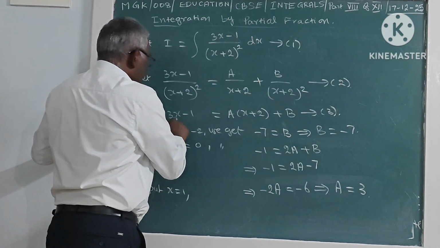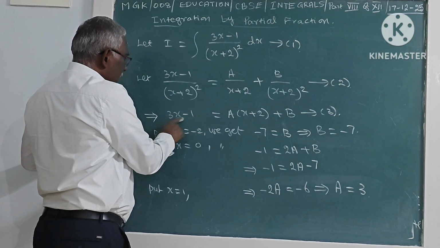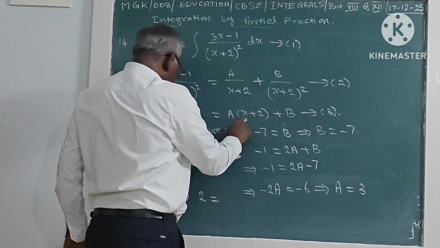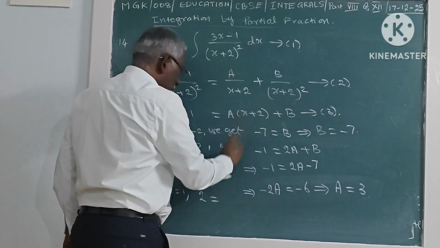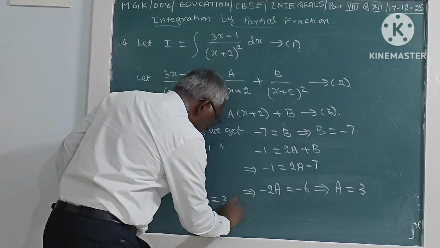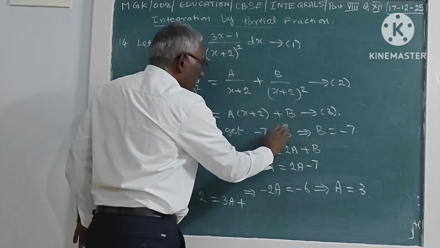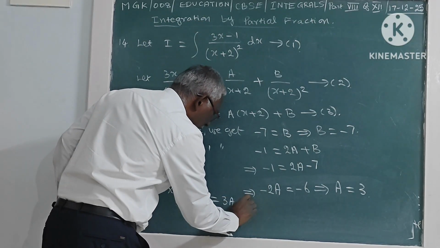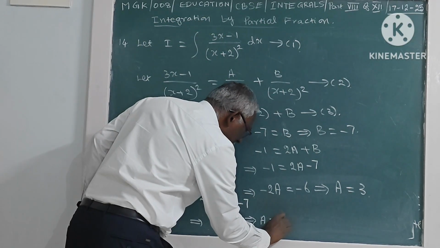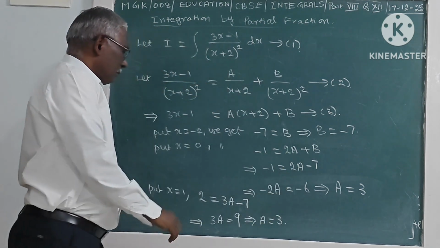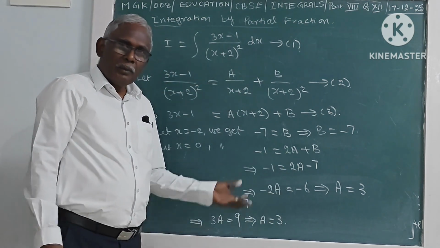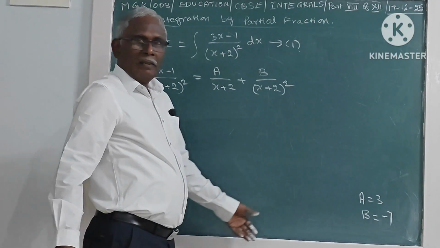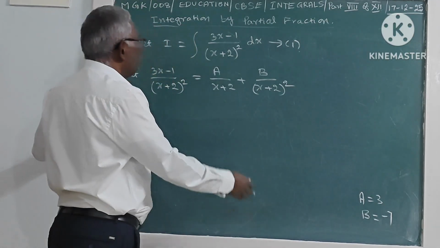We get 3 minus 1, 2, is equal to x is 1, 1 plus 2, 3, 3a plus b. B is what? Minus 7. Minus 7, 2, 3. So for x, we can substitute any values. So we got the value of a is 3 and b is minus 7.